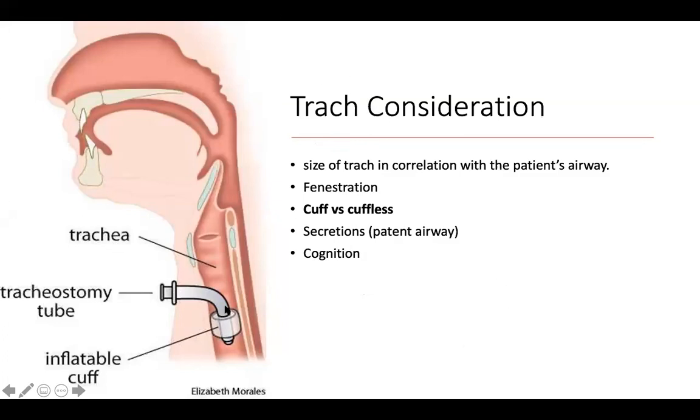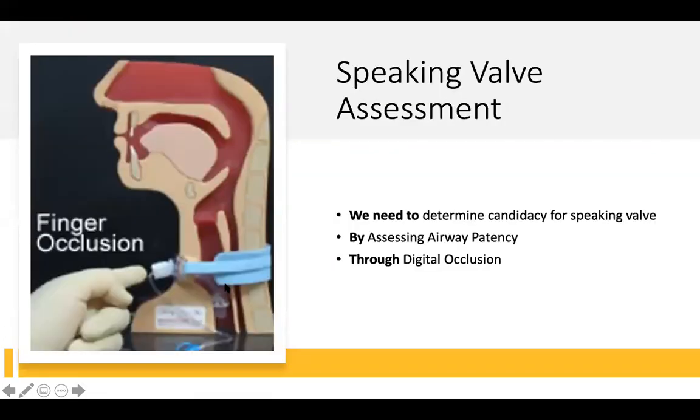So the secretions would probably accumulate sometimes on top of the cuff, sometimes on top of the trach, sometimes on the vocal folds. It will be all over the airway. Okay, moving on.